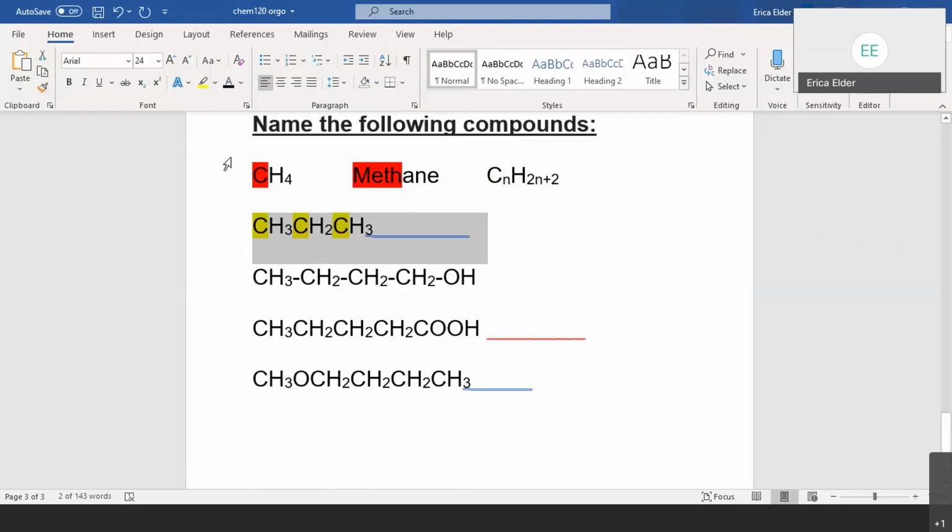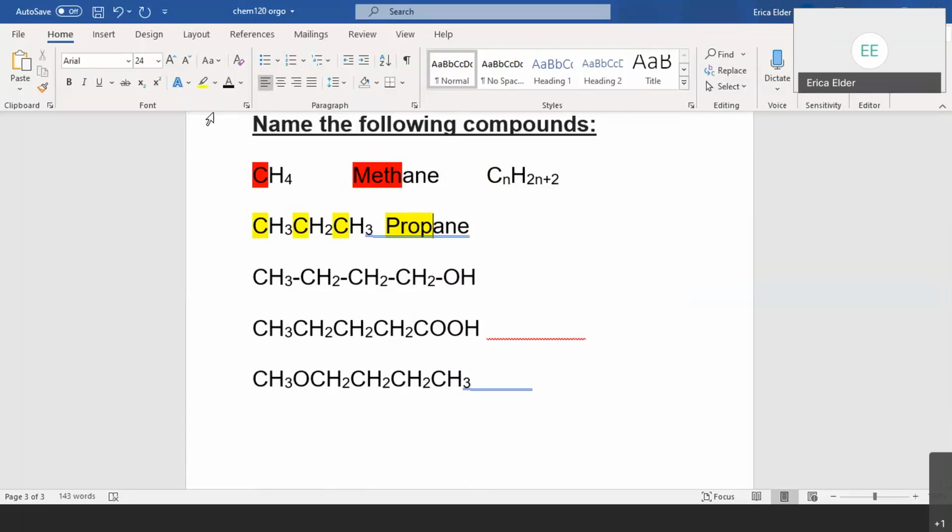So that would be our suffix, and the prefix for three is prop. Prop is the appropriate prefix for three carbons.